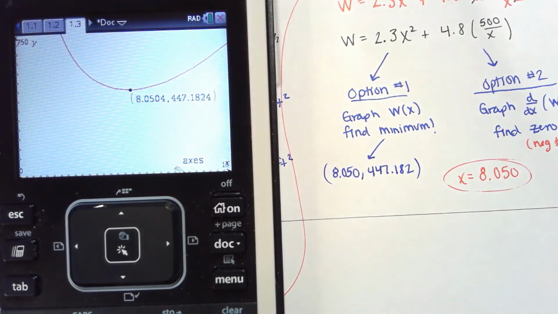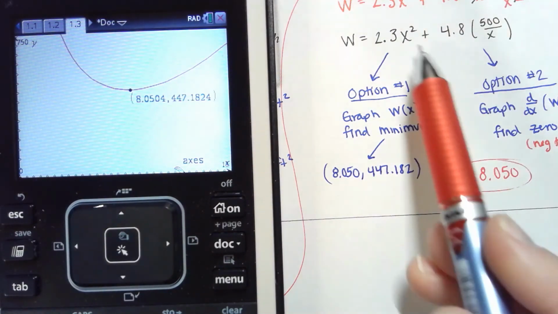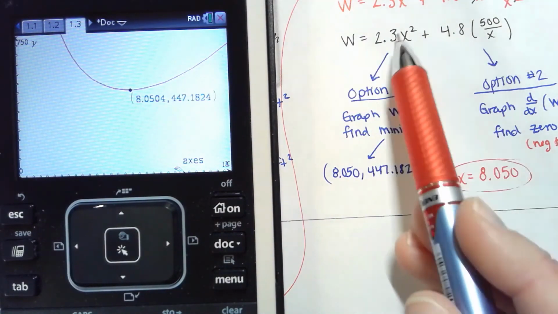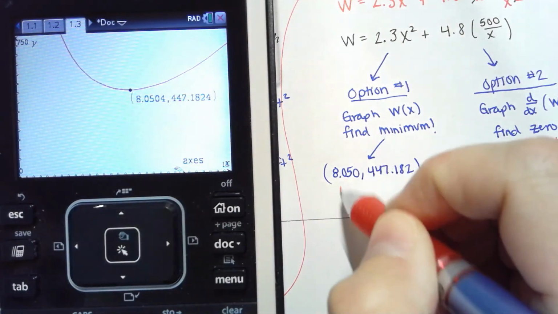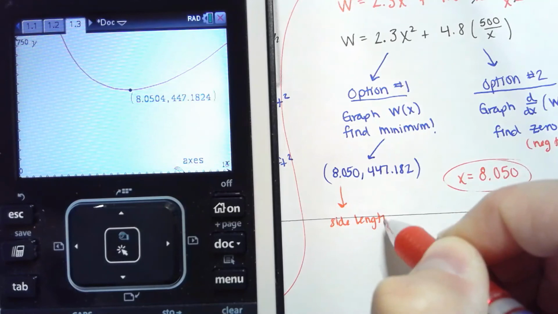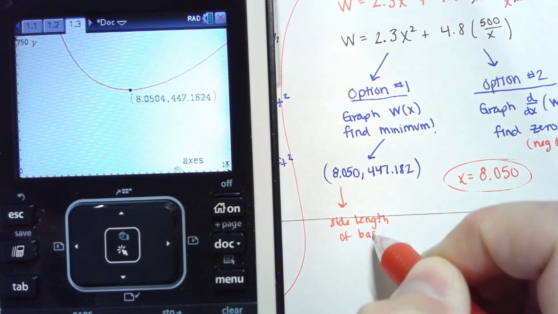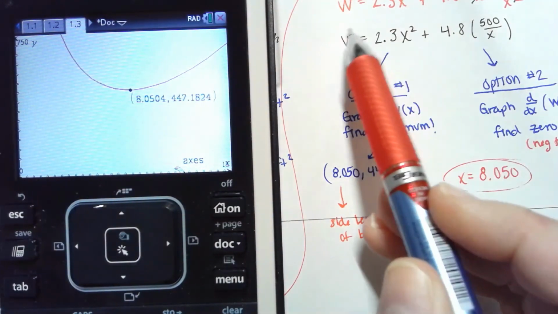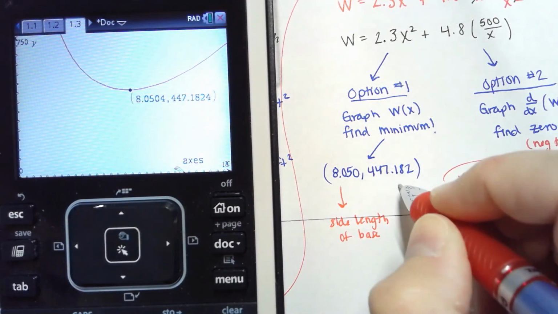Those are the coordinates of the minimum. Well, remember, x is our dimension, so this is the side length of the base, and our y is our weight.